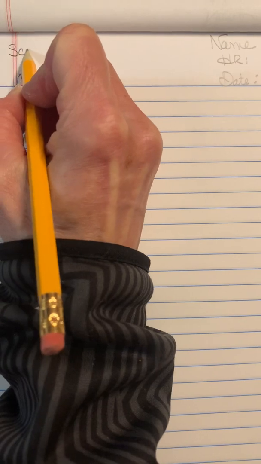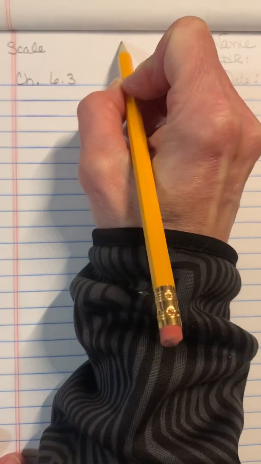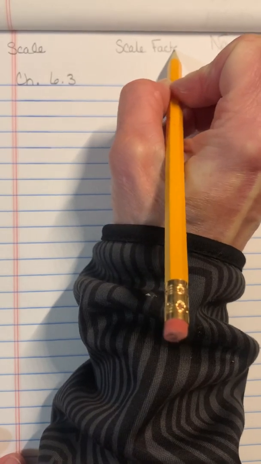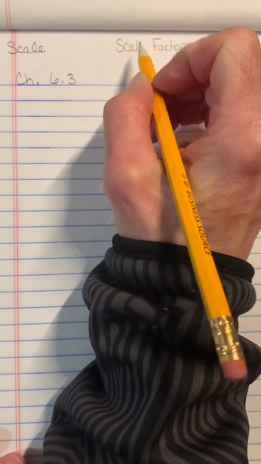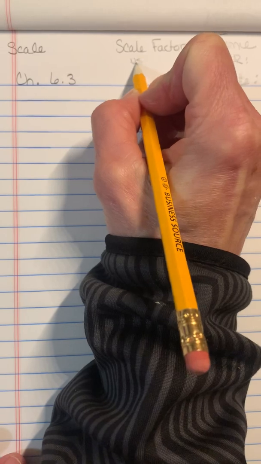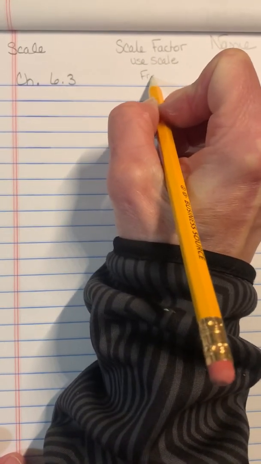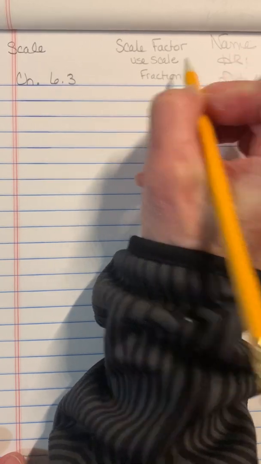Right, continuing on with chapter 3, here's 6.3. This one requires making sure you understand the difference between scale and scale factor. Remember, scale factor is simply, you use the scale to find the fraction in its simplest form, okay?